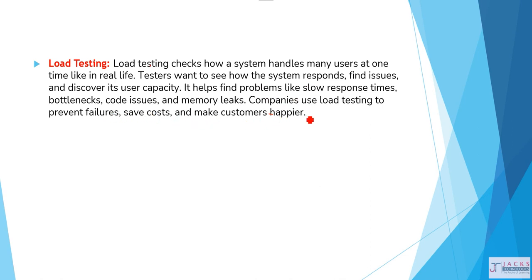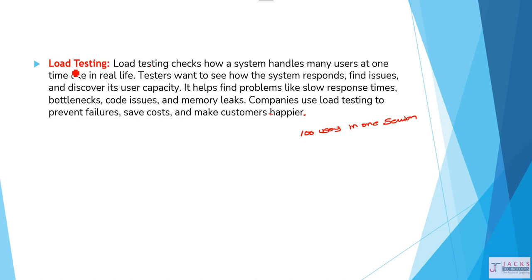Guys, see, normally when we do load testing, let's say for example, assume we have developed a video conference tool like Zoom. So the capacity of our video conference tool is we can add 100 users at a time, or 100 users in one session. So our tool is capable of taking 100 users in one particular session.